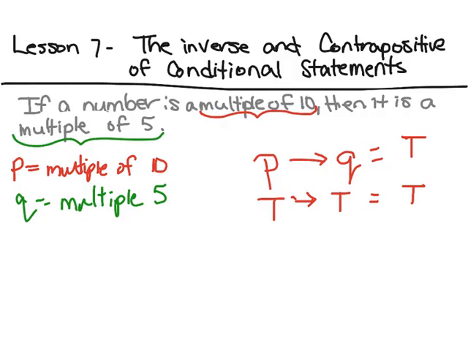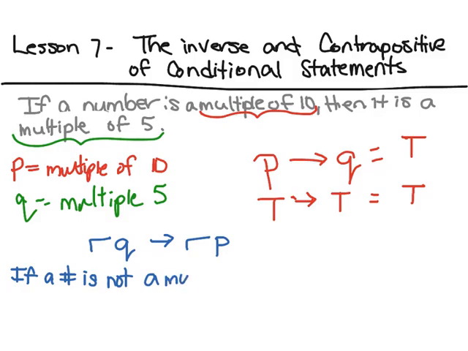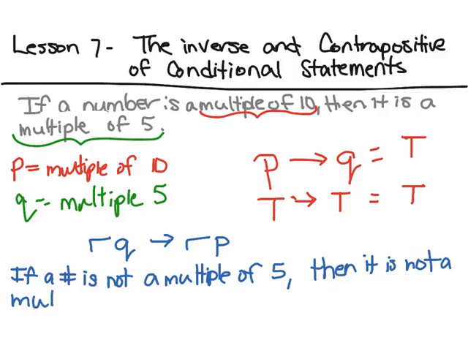The contrapositive would be not Q to not P. So we'd say if a number is not a multiple of 5, so that would be not Q, then it is not a multiple of 10.